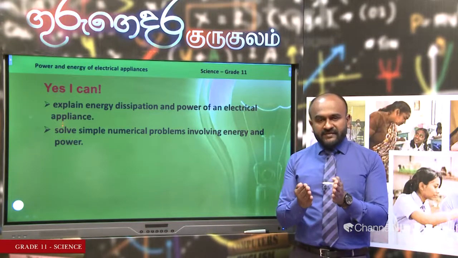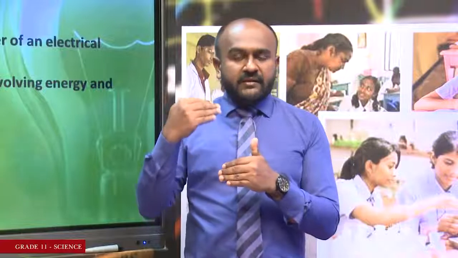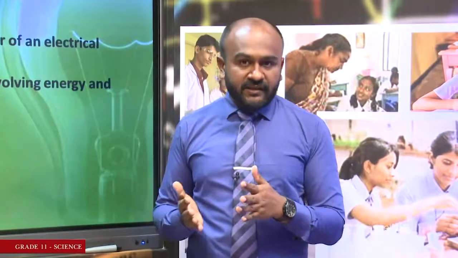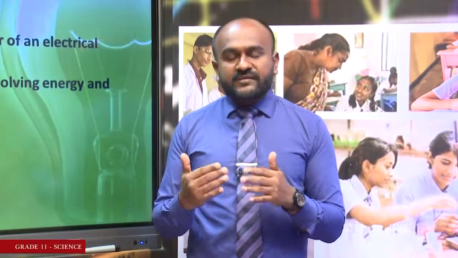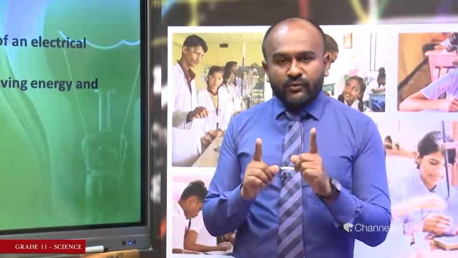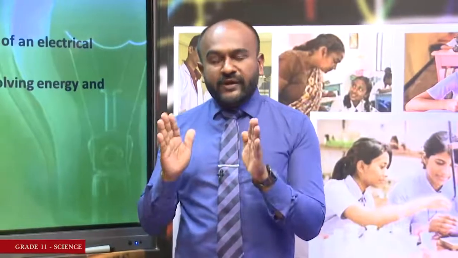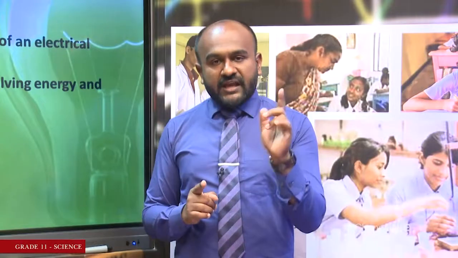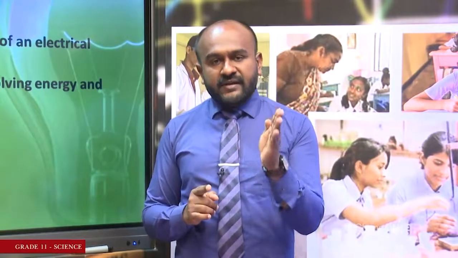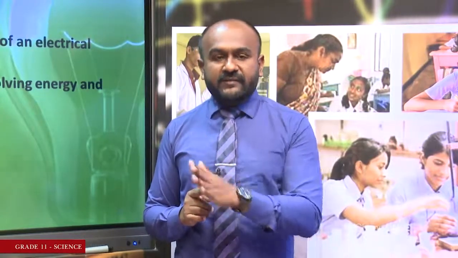So, we replace P in E equals PT with VI, and we got another formula, E equals VIT. So, now you have 2 formulae to calculate the electrical energy of an appliance. One is E equals PT, the other one is E equals VIT.